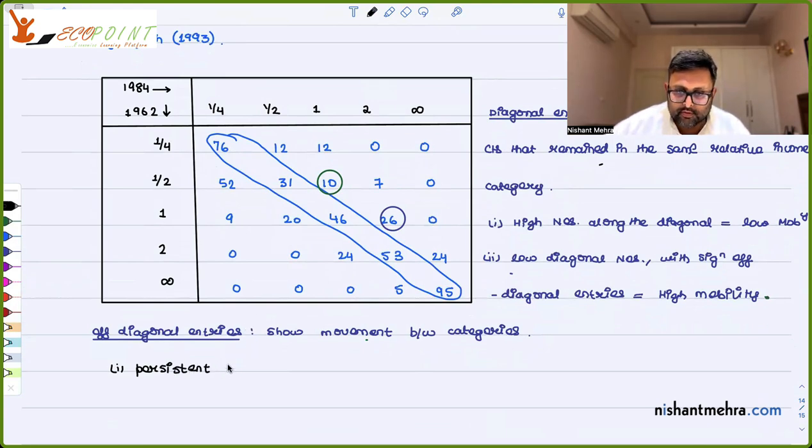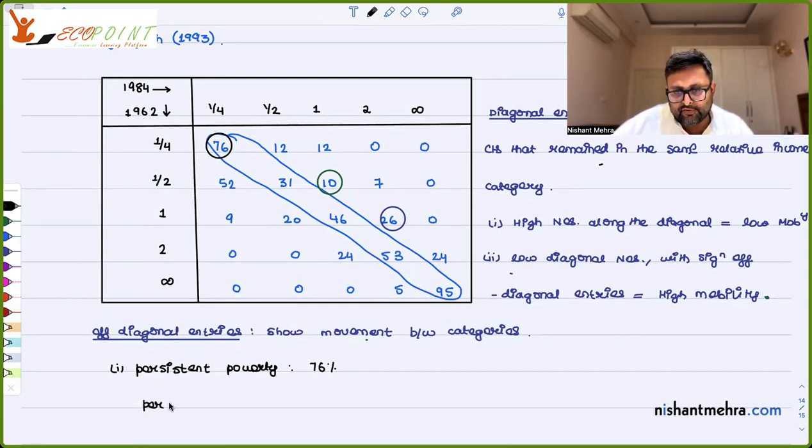How do you know this? 76% of the countries who were earning one fourth of the world average in 1962 are still earning one fourth, right? So they remain in the same group. So I'm not writing everything. You will have to write this in a sentence.